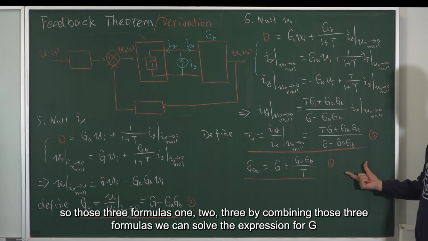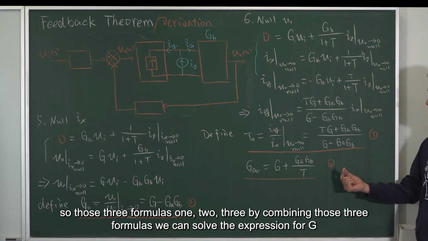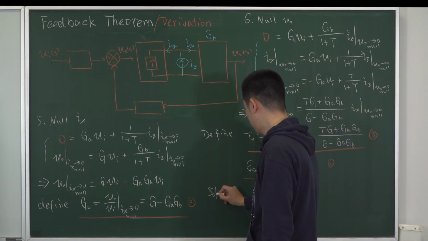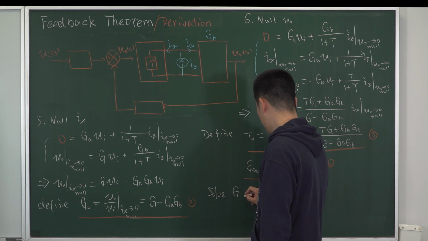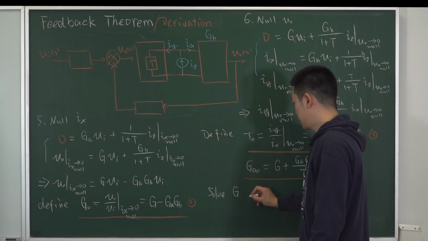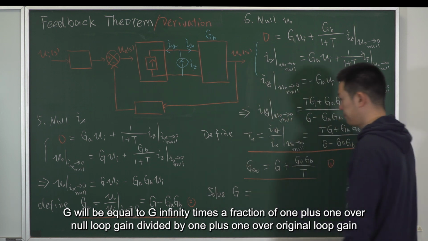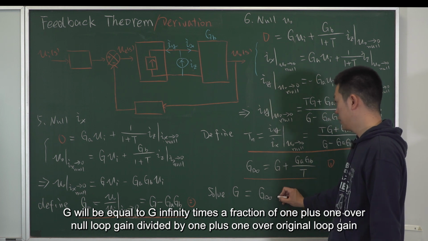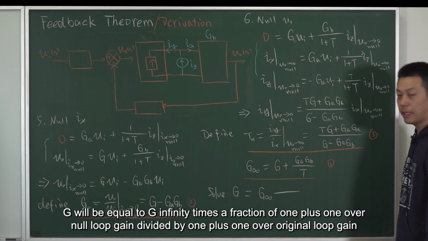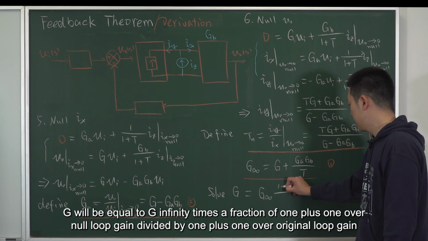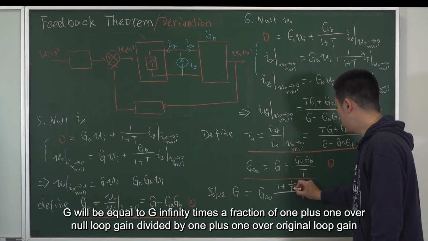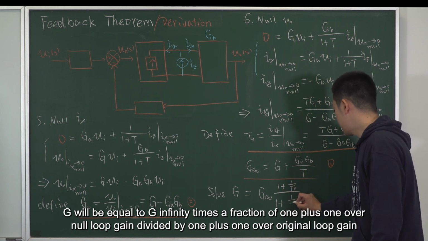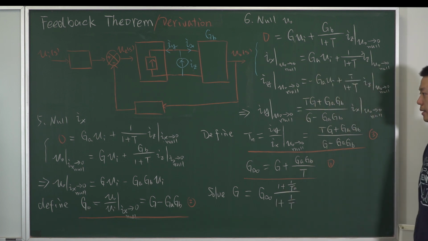By combining those three formulas, we can solve the expression for G, right? So G will be equal to G infinity times a fraction of 1 plus 1 over null loop gain divided by 1 plus 1 over original loop gain.